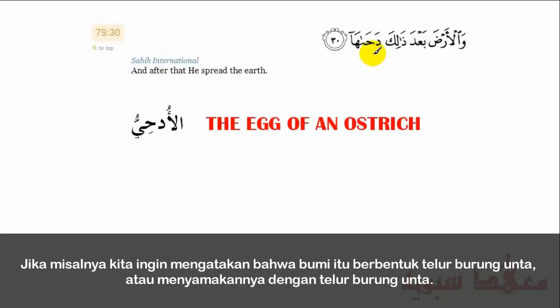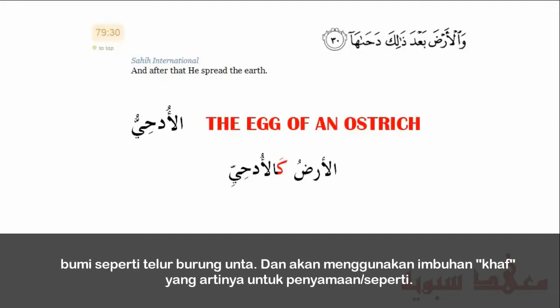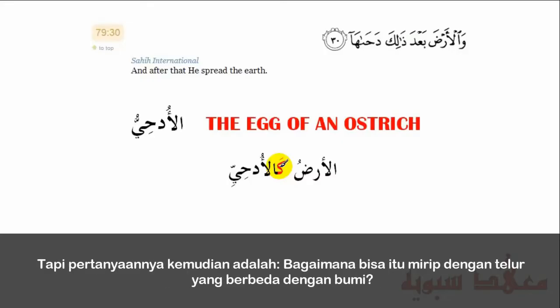If, for example, we wanted to say that the earth was the shape of an ostrich egg, or to liken it to an ostrich egg, we would actually probably do something like this and say al-ardu kal-udhi, the earth like an ostrich egg, and would use this particle, the kaf, which is used for resemblance. But then the question is, how does it resemble it? There are many things about the egg which are different to the earth.